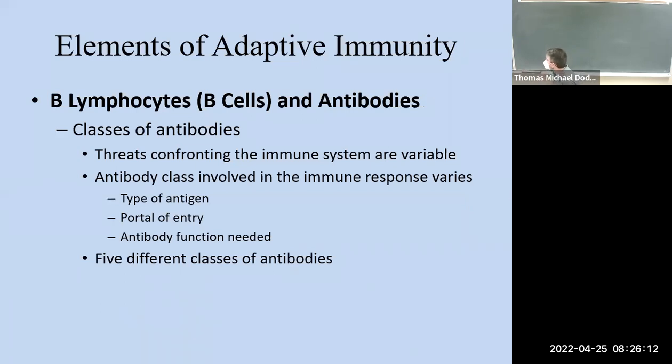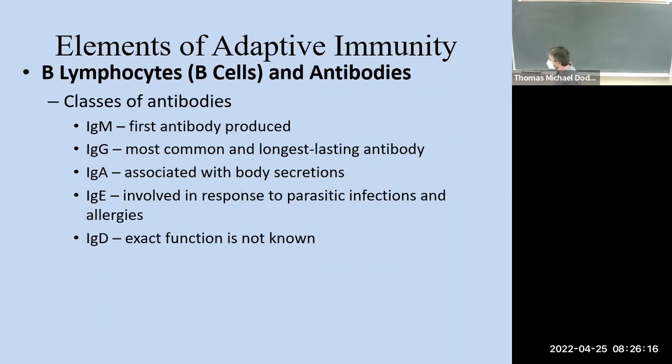There are 5 different classes of antibodies, and I want to point out only some of these. I'm not trying to be that specific, but I like showing you how things work. You see the letters Ig, immunoglobulin. We've seen that word a couple of times on slides.